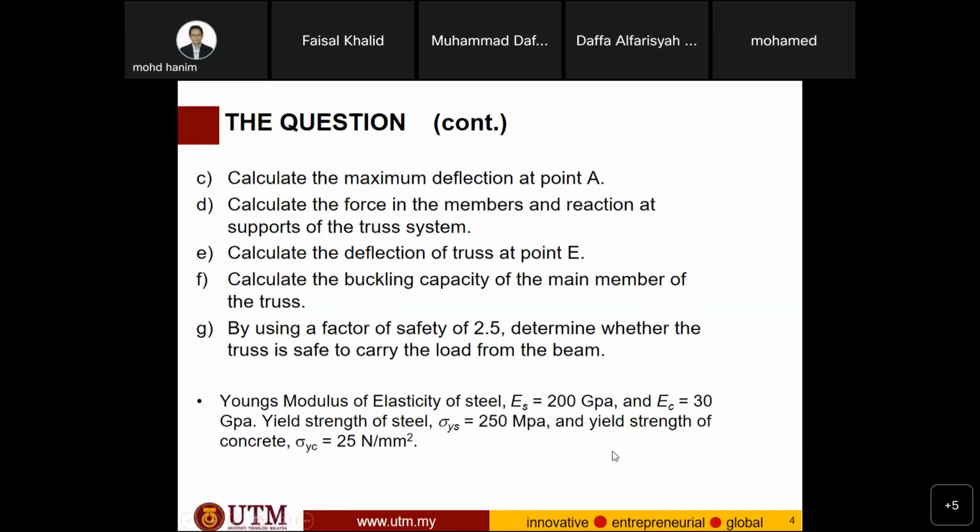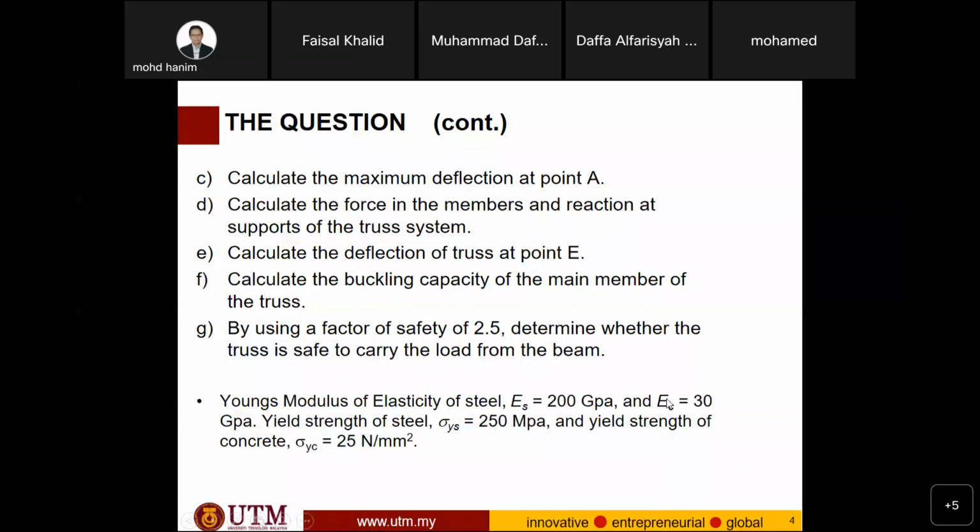For steel 250, for concrete 25, and for steel we have mild steel and high strength, ranging between 250 to 500. The E value for steel is still around 200 to 210, while concrete has a different E value.